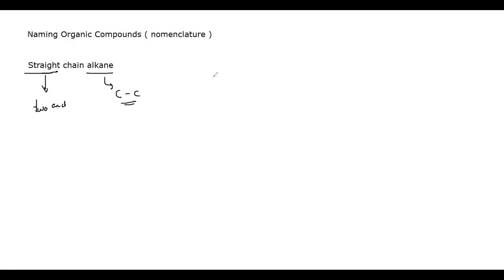So example, if I draw the structure CH3, CH2, CH2, and CH3. The structure was given. The question is, name this hydrocarbon or name the structure. So how can you name this? You will count the number of carbon atoms.